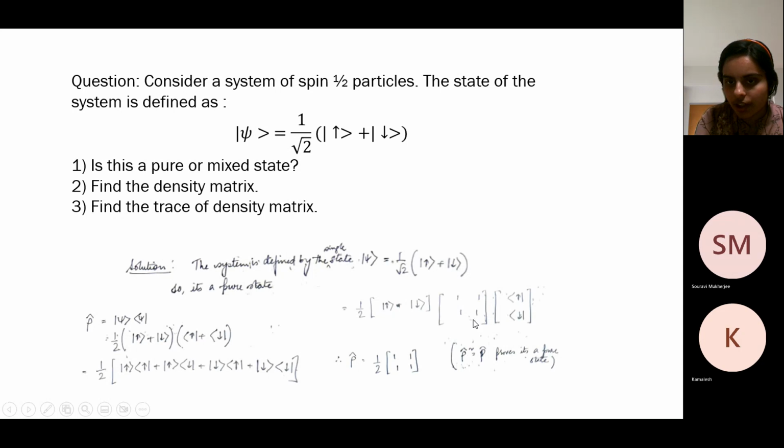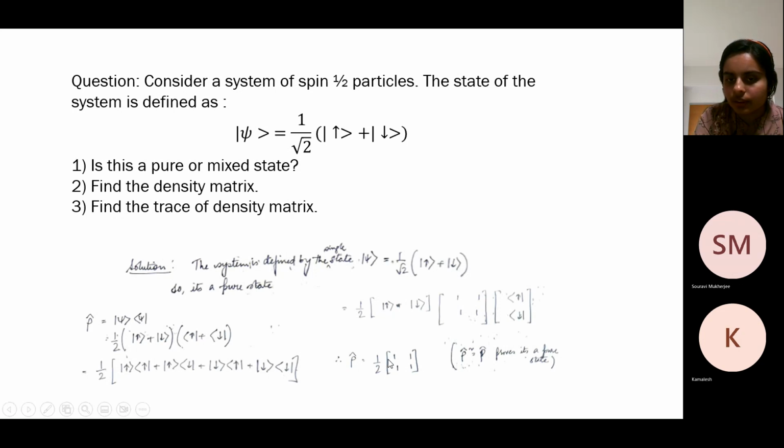So this is your density matrix. Whatever you have got here, the same thing you have written in this representation. Now this is your density matrix. If you find rho square, you'll see that rho square is equal to rho. That proves that this is a pure state.